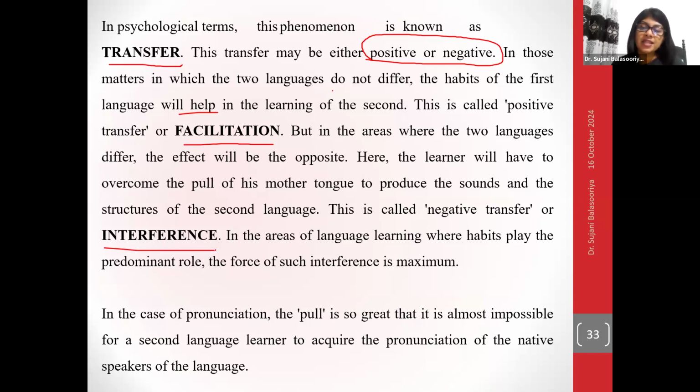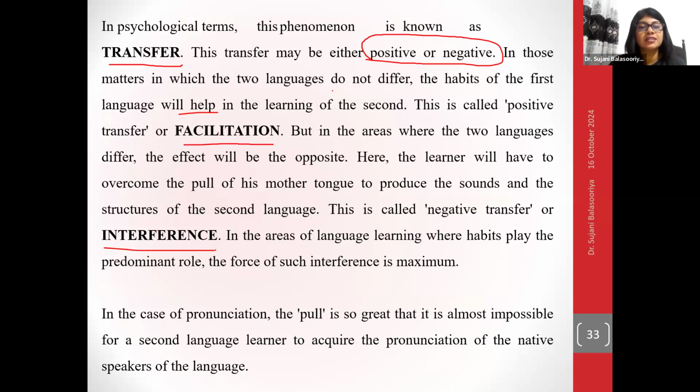So when the first language interferes with the second language learning, what does that mean? The grammar structures of the first language come into contact with the grammar structures of the second language, and both sets of grammar structures are different from each other.